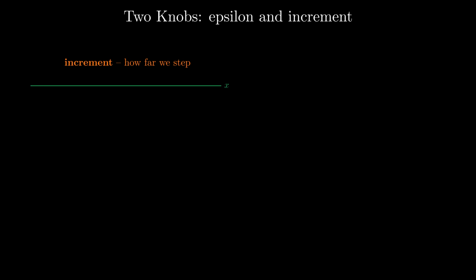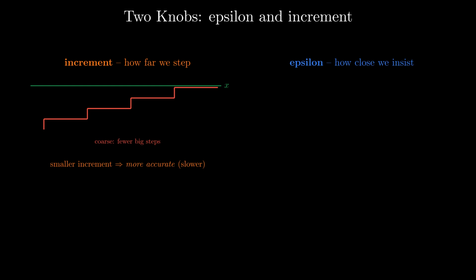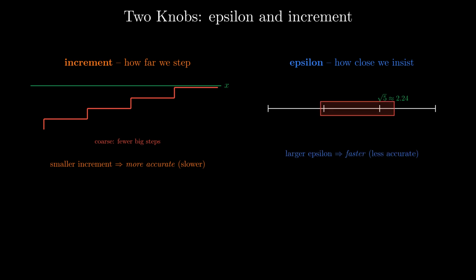2 knobs control everything, epsilon and the increment. The increment is how far we move each step. A smaller increment gives a more accurate answer because we creep up on s in finer slivers. Epsilon is how close we insist on being. A larger epsilon makes the program faster because we reach the target band sooner and stop. But larger epsilon is less accurate because the moment we are inside the band, we declare victory and stop closing in.